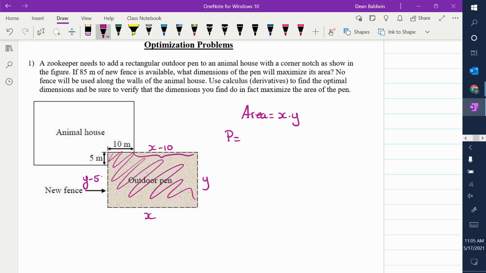Yeah, you just add up all the sides. So it's going to be X plus X minus 10 plus Y minus 5 plus Y. And how much fencing do we have? 85. All that has to equal 85.